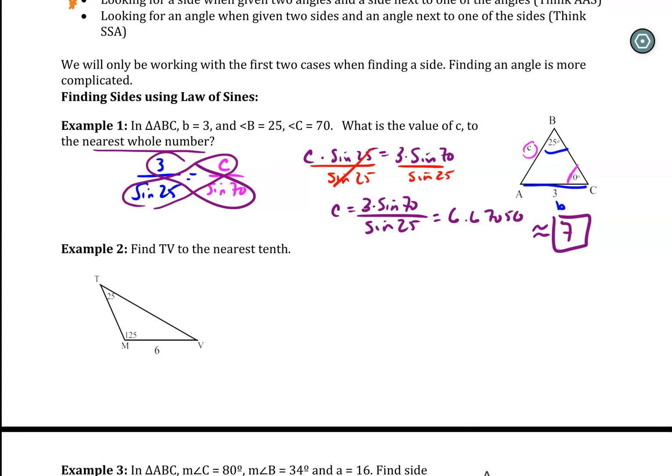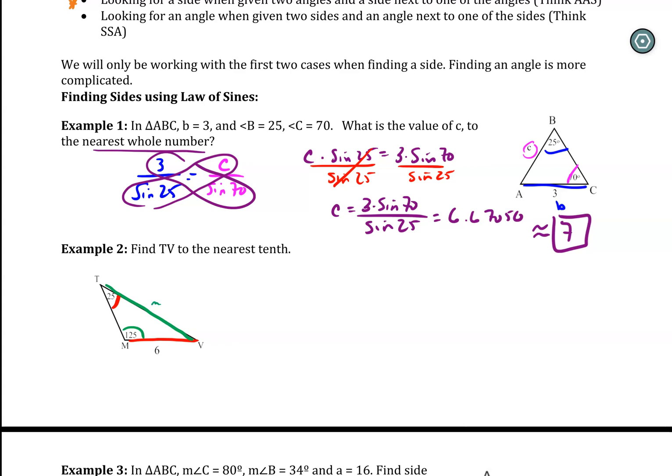Find TV to the nearest tenth, for example number 2. So once again, let's break down our parts here. I've got this angle, which is T, so across from that is little t. And then I've got this angle of 125. I need that to be this side, which will match up.